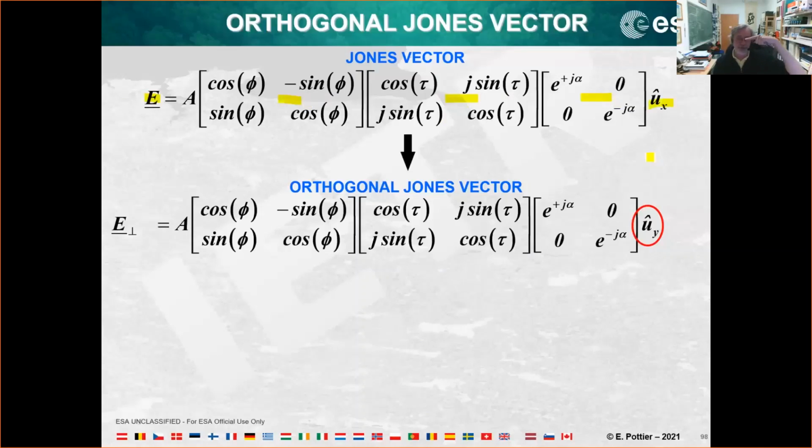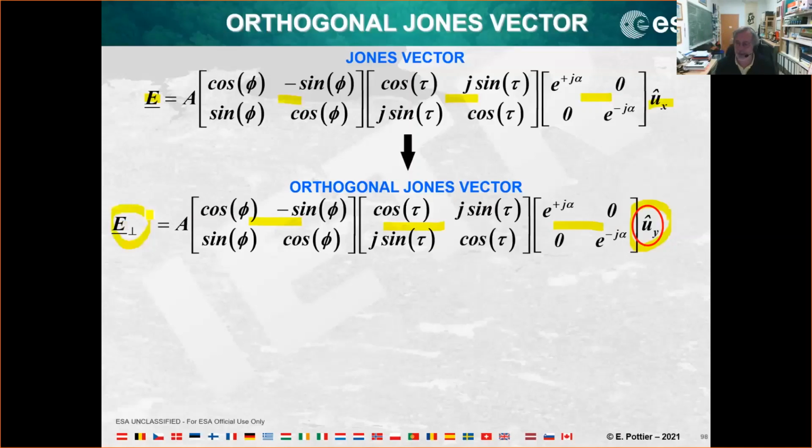Now, if I want to construct the orthogonal Jones vectors, I'm going to keep exactly the same matrices. So I'm just going to change the unit vector. We start from the vertical unit vector. And so like that, I can construct the orthogonal Jones vectors, which correspond to the orthogonal polarization.